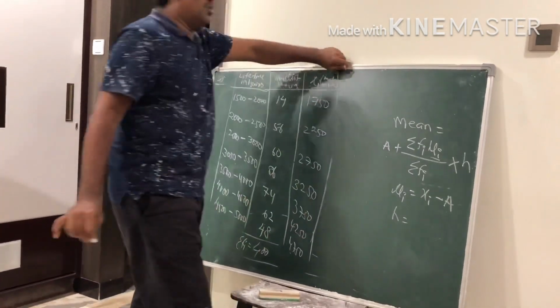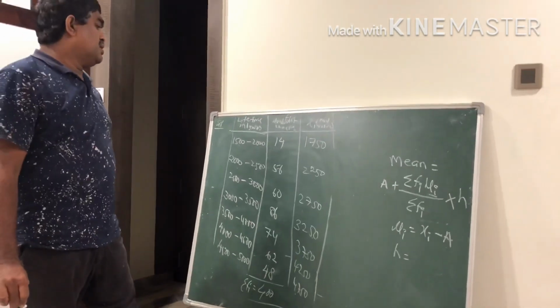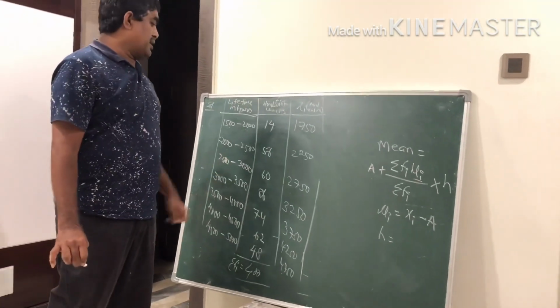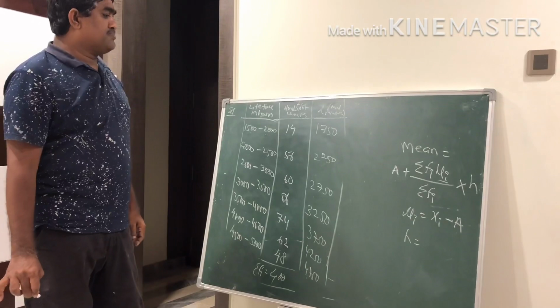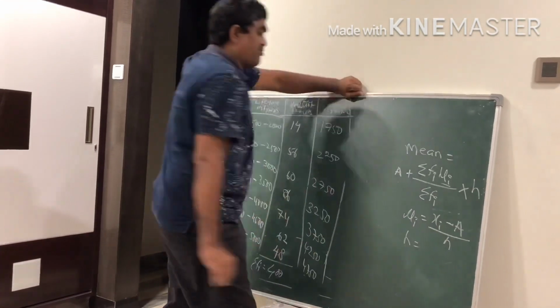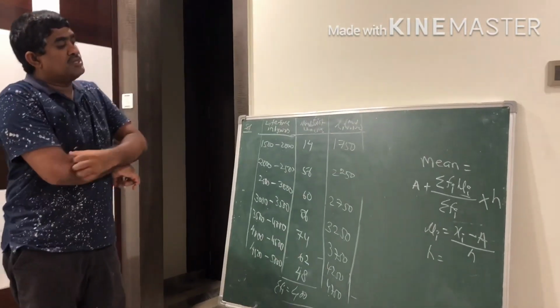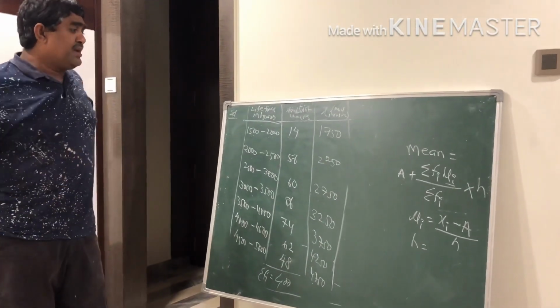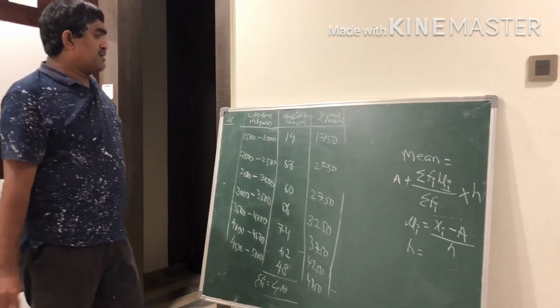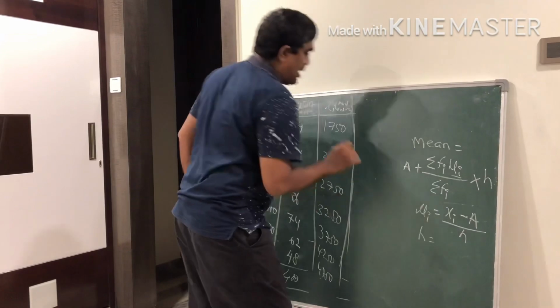H is equal to the length of the class interval. Sorry, not lower boundary. Mu i equals xi minus A by h. First of all, we have to calculate mu i.